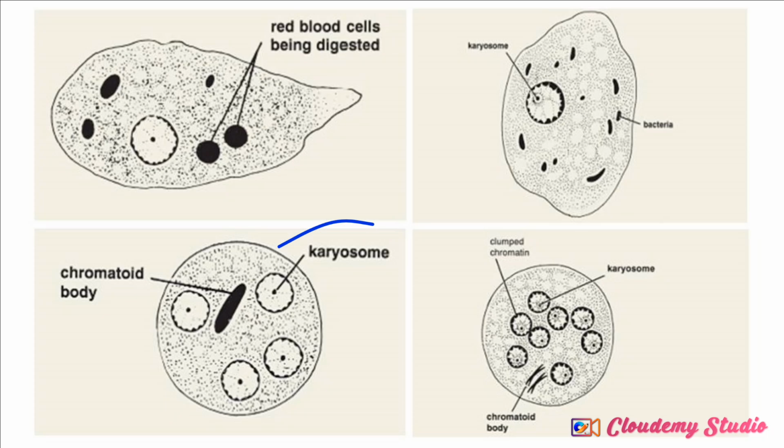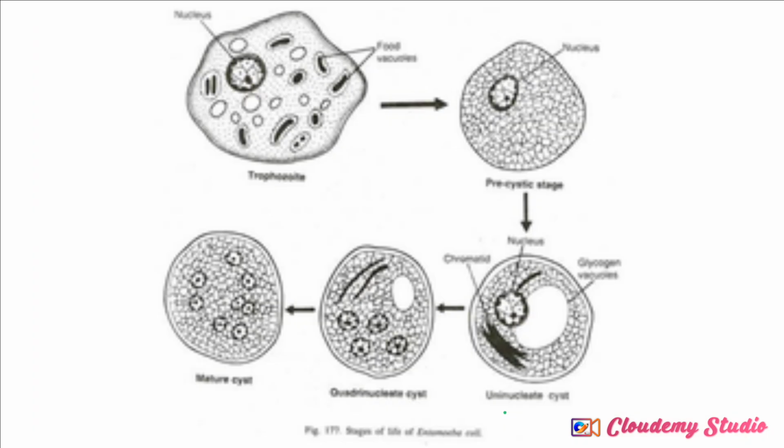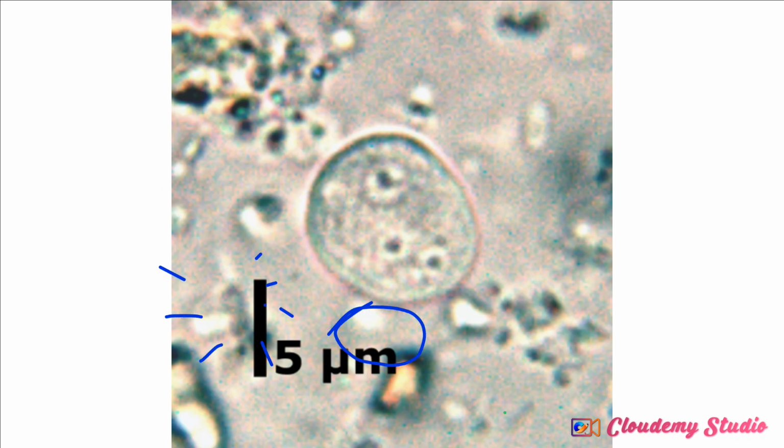So look at this one. Has 4. Can you see? This one has about 8. 1, 2, 3, 4, 5, 6, 7, 8. Yes, it has about 8. One has 4, the other one has 8. So you can call this one Entamoeba dispar or histolytica and this one Entamoeba coli. You understand? So look at this one too.